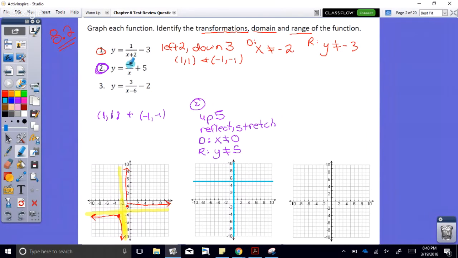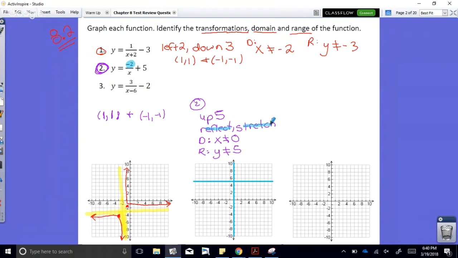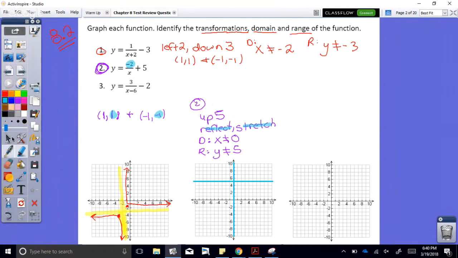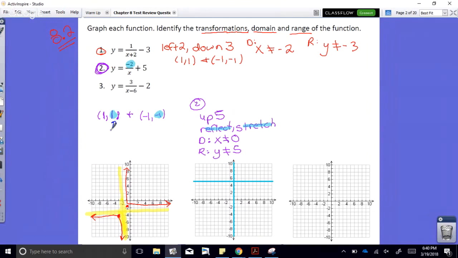We're multiplying by -2. Anytime you have a reflection or a stretch, you're going to scale the y value of the 1, 1 point. So I'm going to take this and multiply this y value by -2. So I get 2 new points. The first one is 1, -2. And the second one is -1, +2.